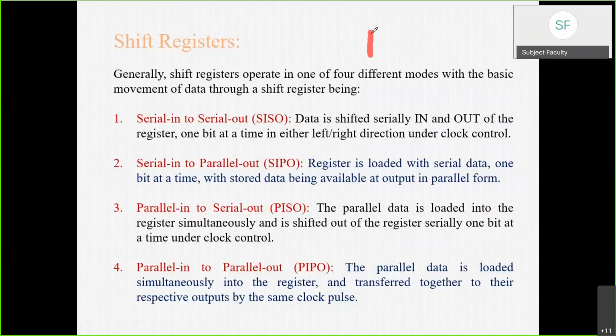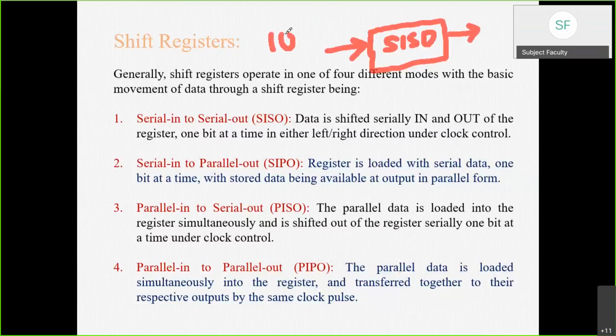So suppose this is the shift register, that is SISO. Then it will have a single input and single output. That means whatever the sequence, let's say 1 0 1 0, these bits will travel one after the other.